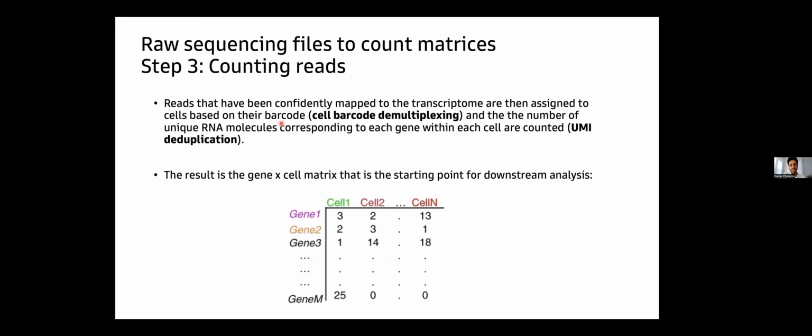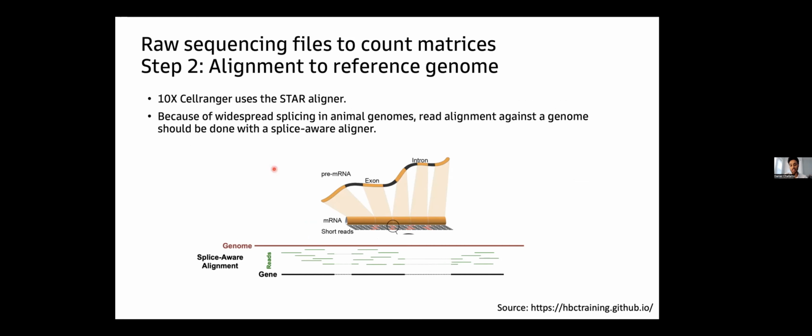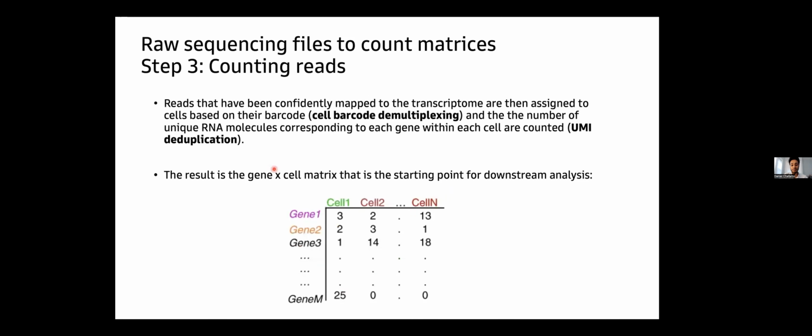Once we align our reads, we now know which gene each read comes from. What we are going to do next is counting. We're going to build this cell by gene matrix by doing two main things: cell barcode demultiplexing and UMI deduplication.